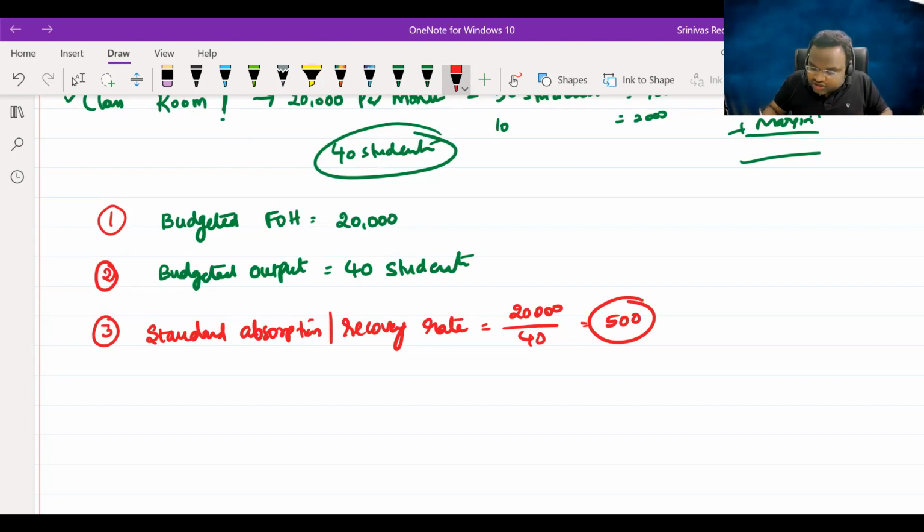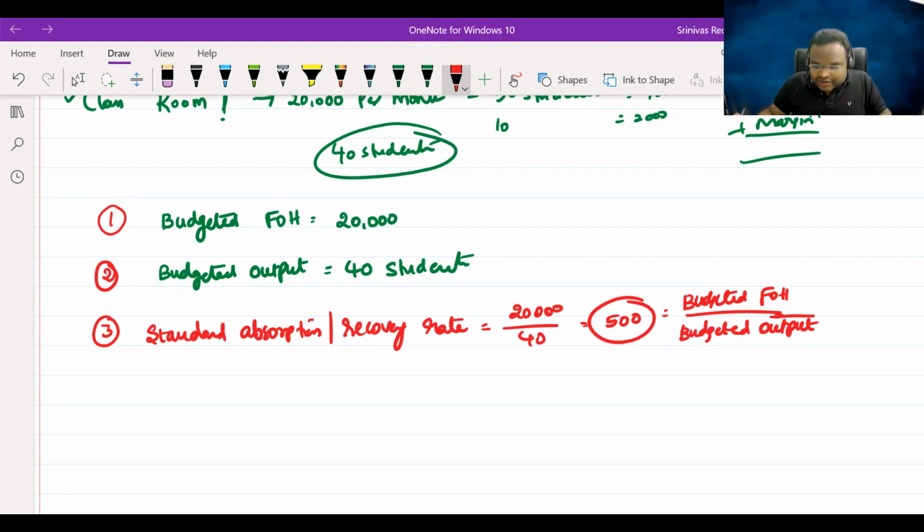Now, how did you get this? Budgeted fixed overhead divided by budgeted output. What is my budgeted fixed overhead? 20,000. What about my budgeted output? 40 students. This all happened before the class commences, or before the admission starts.